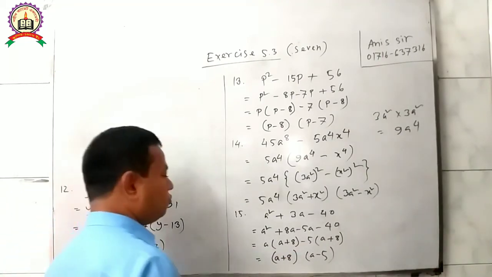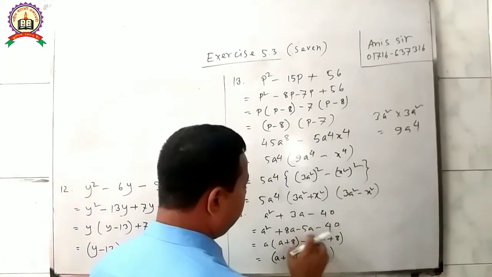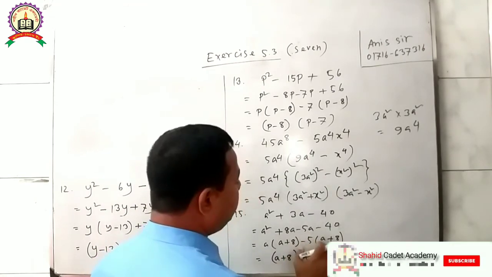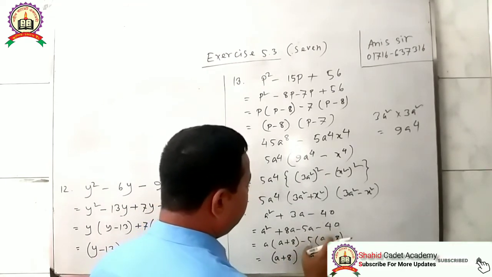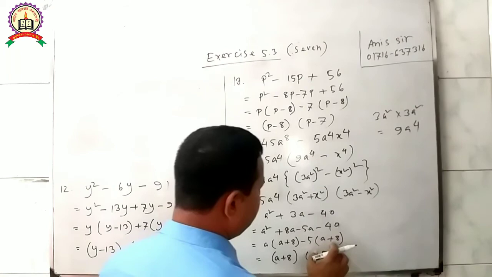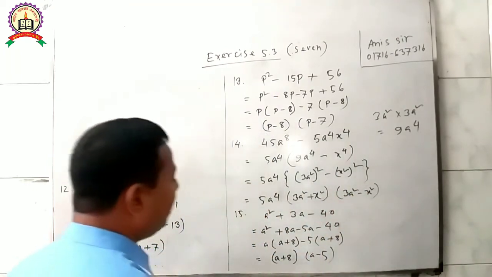Taking minus 5 as common, we get a, and then 8, since 40 divided by 5 is 8, and minus and minus will be plus.